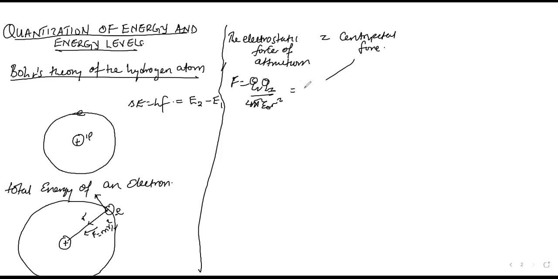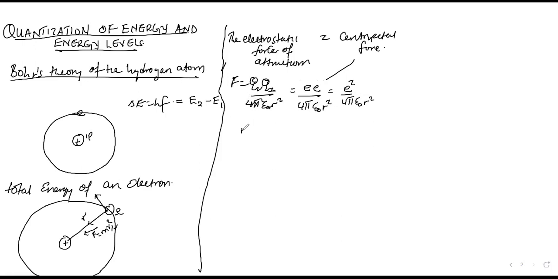So it will be giving us E squared out of 4 pi epsilon r squared, because we are looking at a hydrogen atom which has 1 electronic charge for the electron and 1 electronic charge for the proton.